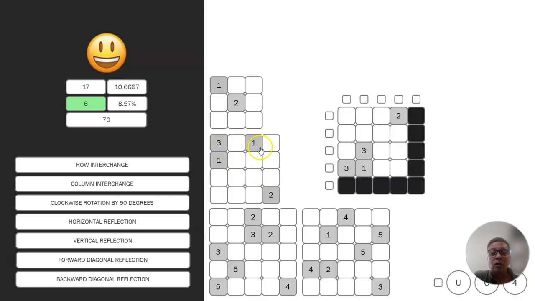So I have got a 3 1 1 2 critical set of order 4, but here it is now.